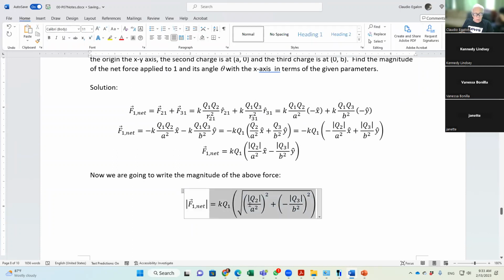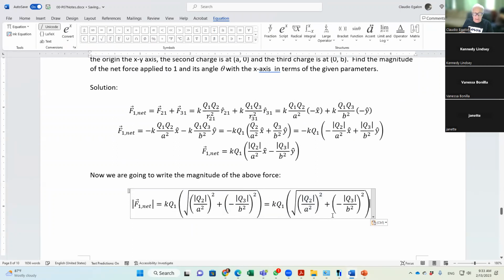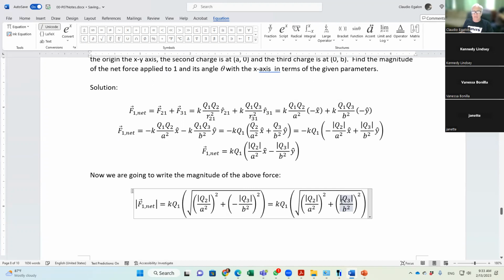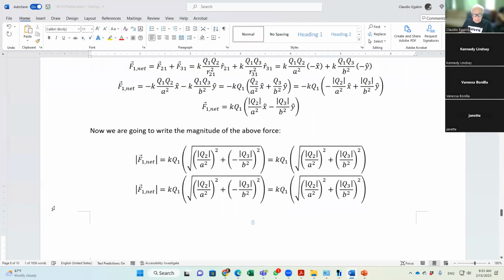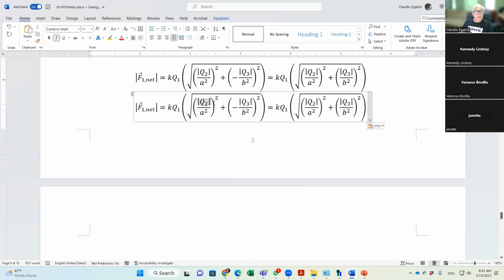I can go one more step to simplify my equation by eliminating this negative sign, because when we square a negative sign, it becomes a positive sign. What is the next step we can do?